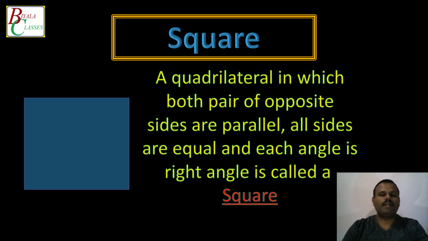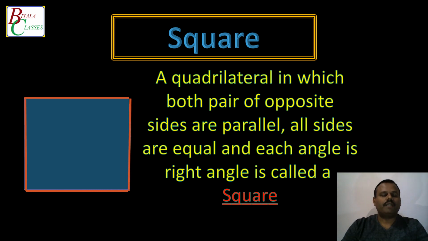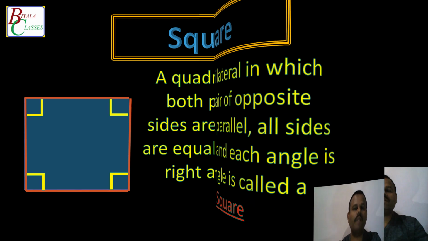So you can see here it contains properties similar to parallelograms, which says that both pairs of opposite sides are parallel; all sides are equal, that is the part of a rhombus; and each angle is a right angle, again it is a part of a rectangle. So it includes the properties from each and every type of quadrilateral. It is just a quadrilateral where all the sides are equal and each angle is 90 degrees, in simple words.